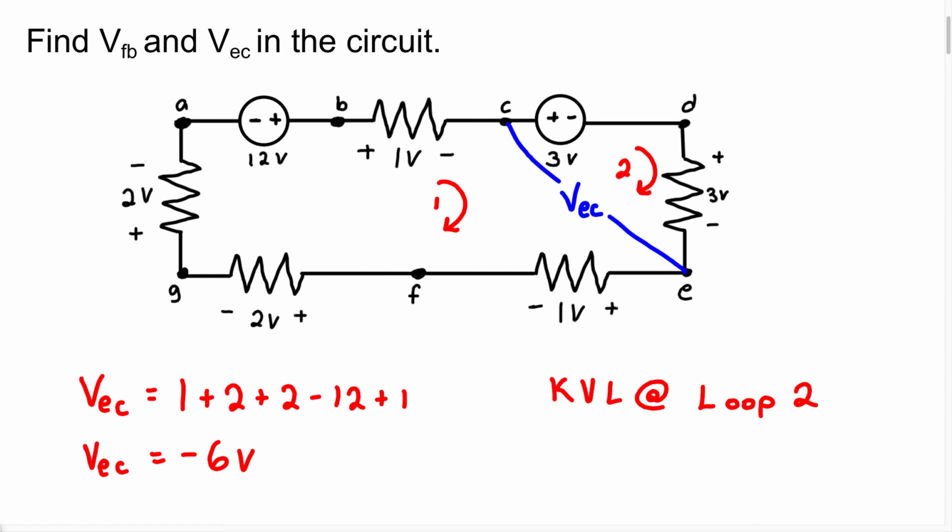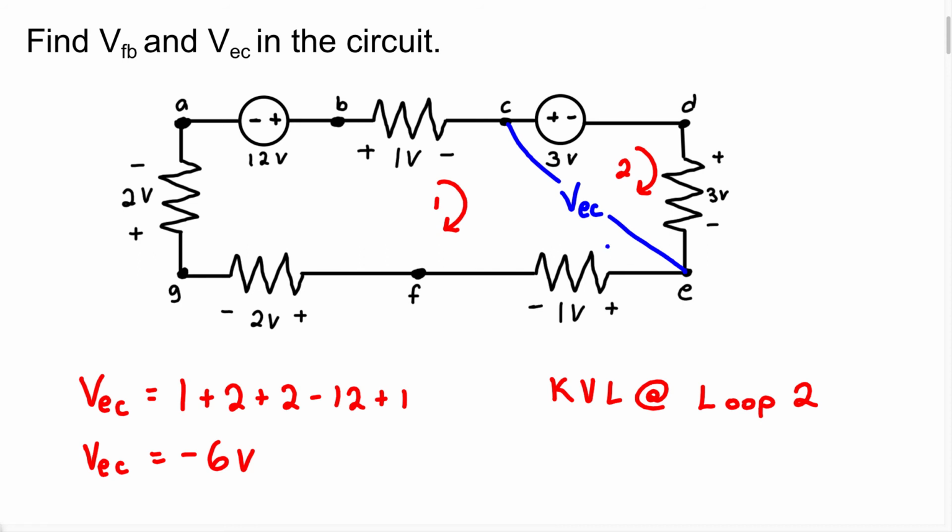Now remember, the polarity is going to be very important. The first letter is going to denote the positive terminal. So at E, or more so closer to this side, we're going to have the positive terminal. You know what? That looks like a minus sign. Let me do it like this.